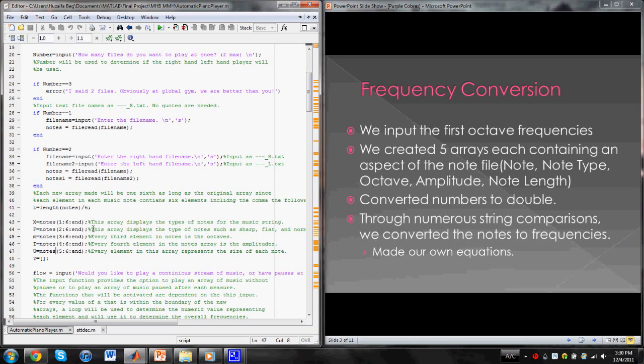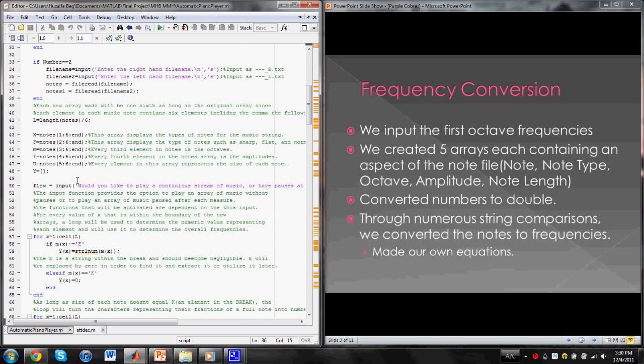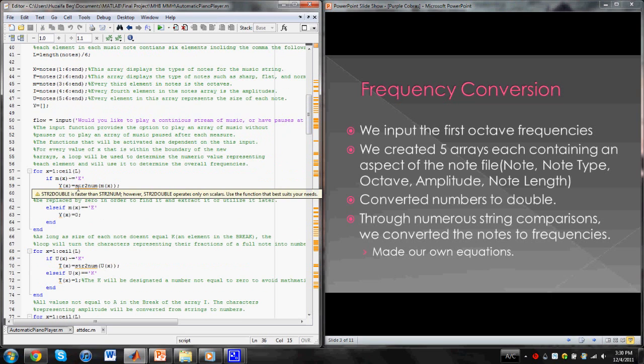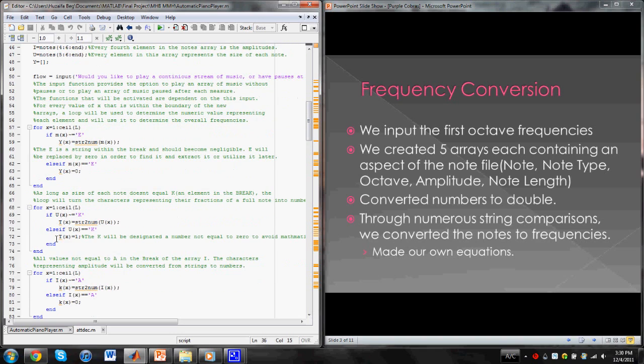So basically I wanted to clarify here that notes is the array created from whatever you read before, and the problem is that it was a string, and because we want to operate on the numbers within that string, we have to convert anything that was a number or was supposed to be a number into a number. So what we did was use these three loops for the amplitude, note length, and what was the last one?